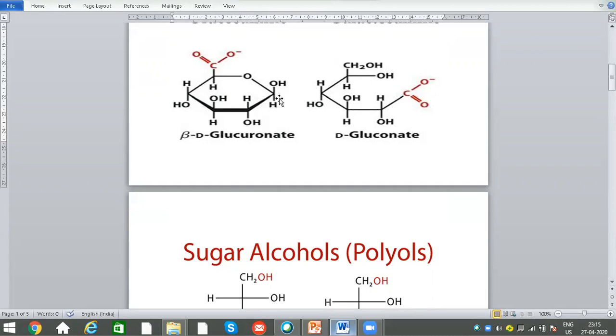This is the cis form of the sugar, so it is called beta sugar. If the hydroxyl group is in the downward direction, that means a trans form, which gives alpha anomeric forms. These are the examples of acid sugars: beta D glucuronate and D glucuronate. Here D glucuronate is a linear molecule.